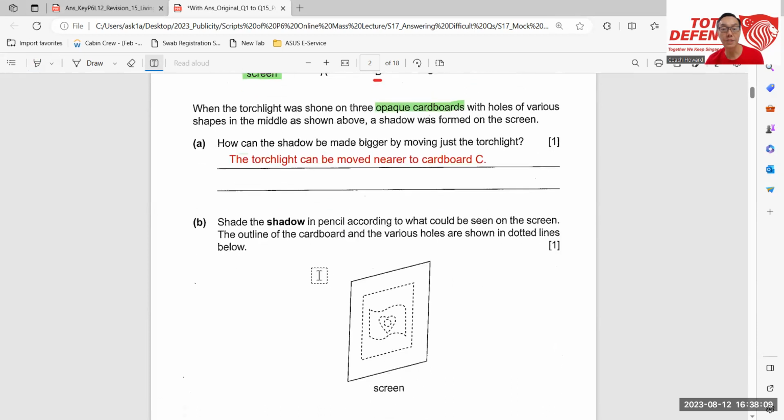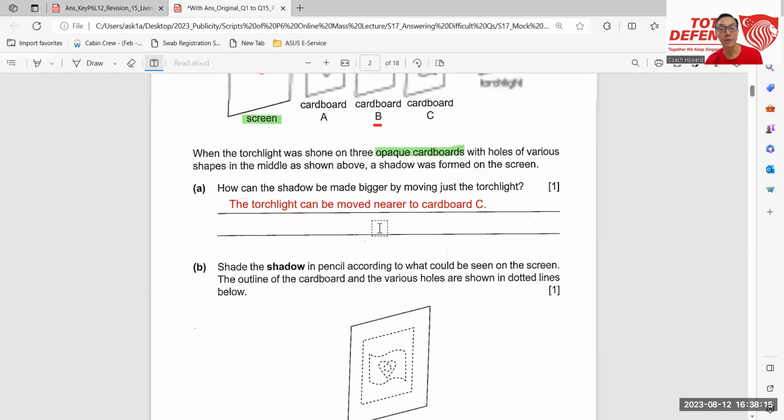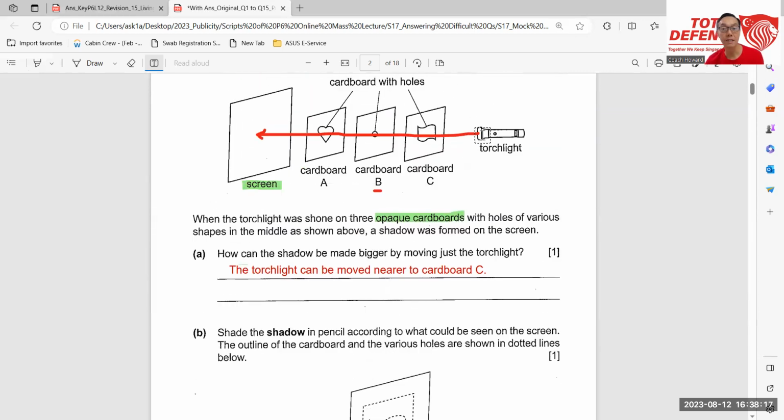Now you're supposed to shade the shadow. So actually what you need to shade is, if you observe here, as the ray of light goes through, definitely it will go through this rectangular hole in cardboard C, and will go through this hole in cardboard B. However, the opaque portion at the sides of cardboard B would overshadow the heart shape.